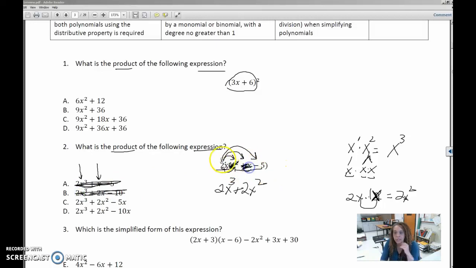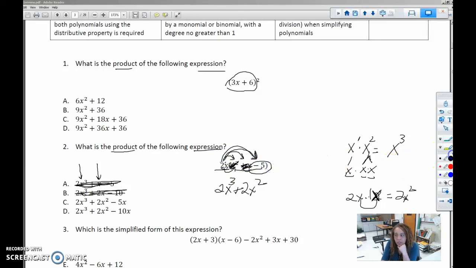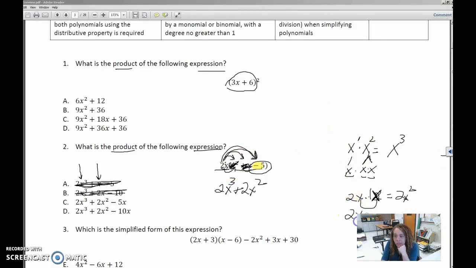So I finished that term. Now I have 2x times, and here's one of the things I always like to draw your attention to. Please, please, please remember all the time, the sign is in front of the number. So this is a negative 5. So 2x times negative 5. This 5 does not have an x on it, so I'm only going with coefficients.